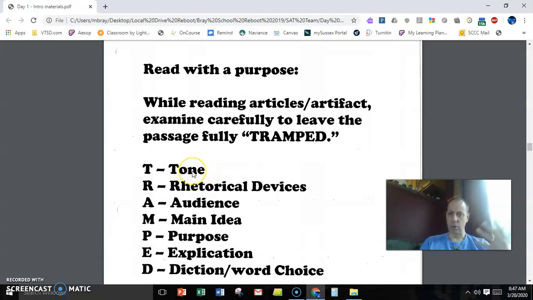That's what we call tone. What types of words, what type of message is the author trying to convey with the article in order to achieve that purpose? With tone, we use three primary aspects. We use ethos, pathos, and logos. Ethos is an ethical claim.